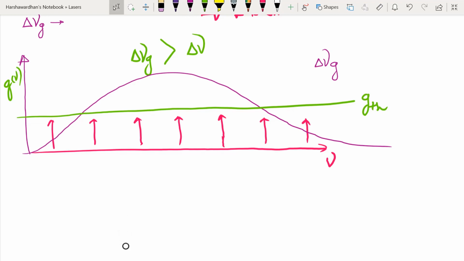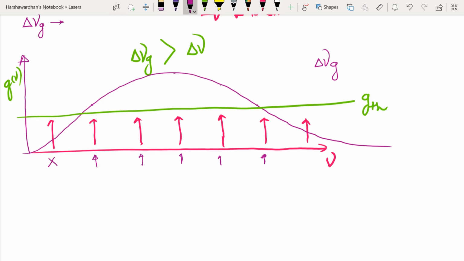Why? Because the frequencies that I'm marking 1, 2, 3, 4, and probably 5, these 5 frequencies have gain which is equal to or larger than the gain threshold. So these frequencies are going to oscillate within the cavity.